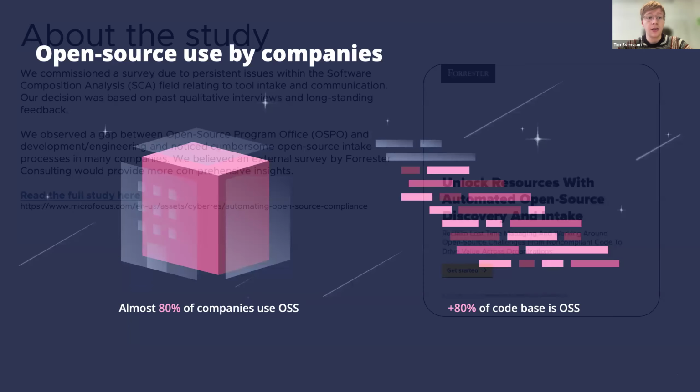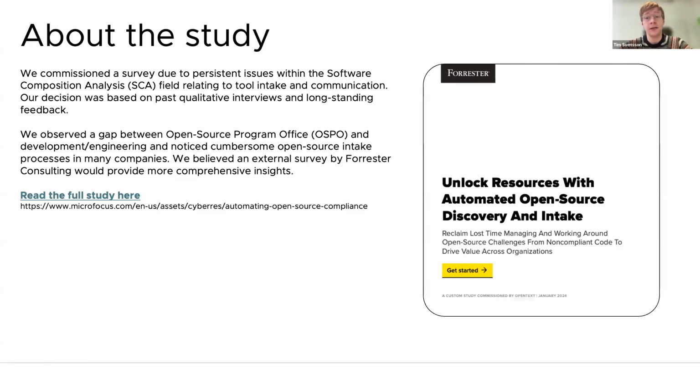We commissioned a survey by Forrester Consulting to look into problems relating to open source use amongst other enterprise clients, and to see what the issues are and how we meet them. We've suspected for a long time that there has been a problem relating to intake, since with the knowledge we have from our SCA time, we know that a lot of people want to catch things earlier, like compliance, but don't catch them early enough.